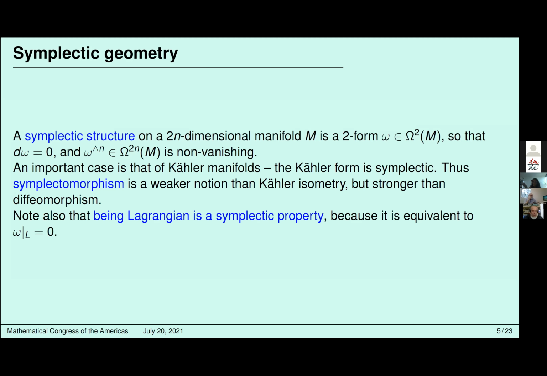In particular, this condition of being Lagrangian, which I introduced as something totally real, looks a lot like Rn inside of Cn in terms of its orthocomplement being just multiplication by j, but in fact that's a symplectic property, which makes sense because it's interpolating j and the inner product.